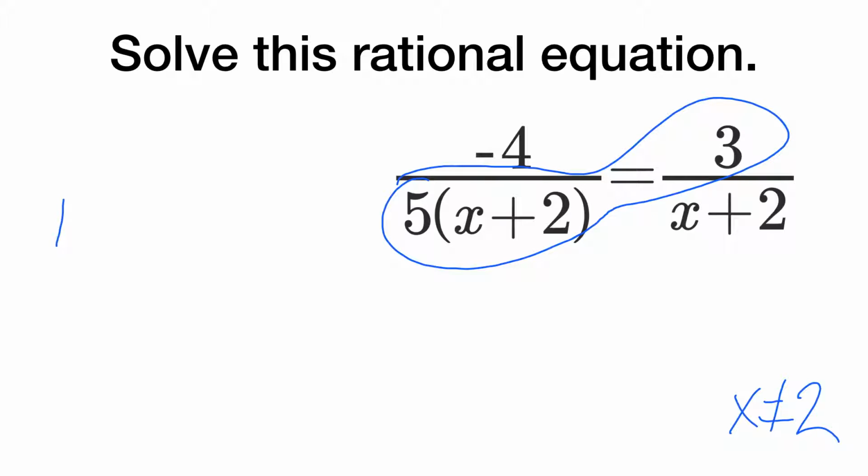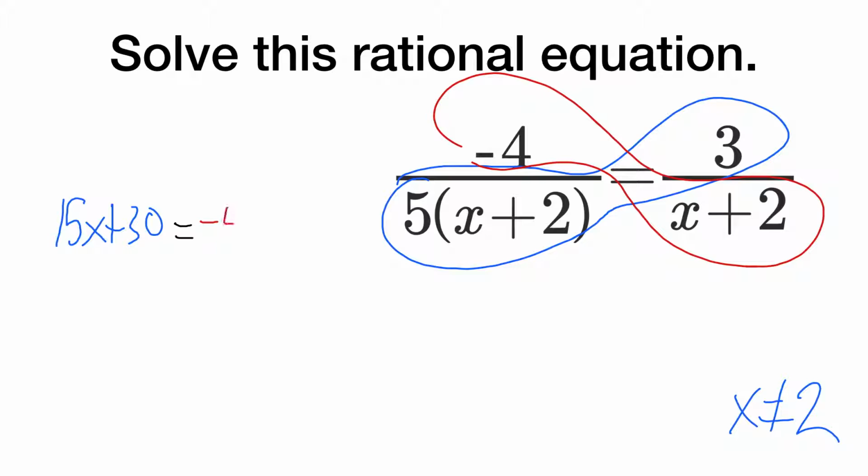Let's see, that becomes 15x plus 30. Apparently I was just a little early when I said that last round. And negative 4 times x plus 2 is negative 4x minus 8. So let's see, combining terms, that becomes 19x.